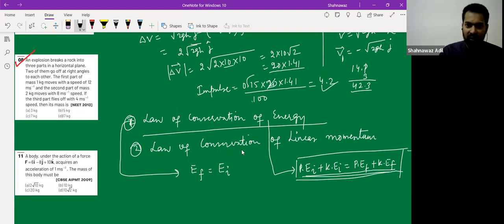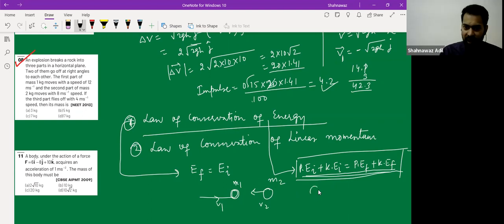And what is the law of conservation of linear momentum? In a collision, when two bodies are moving, this one is m1 with v1 velocity and this is m2, going in this direction with v2 velocity.